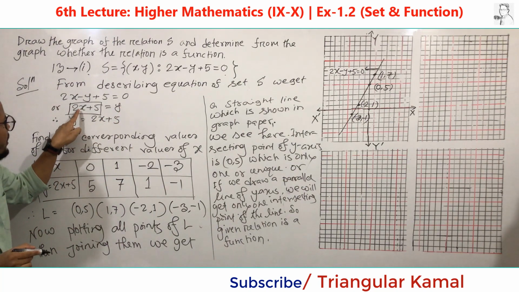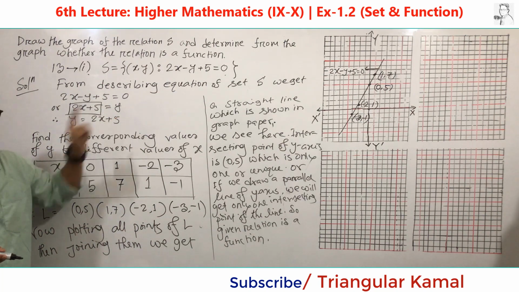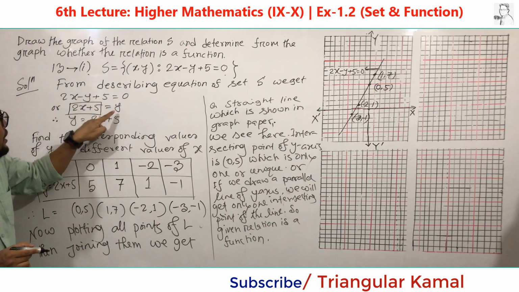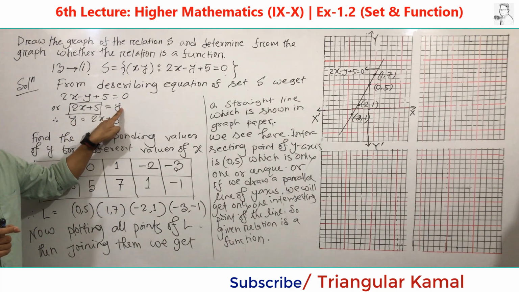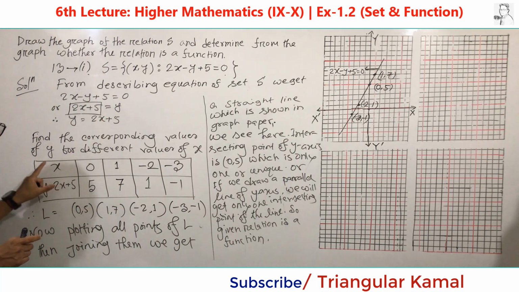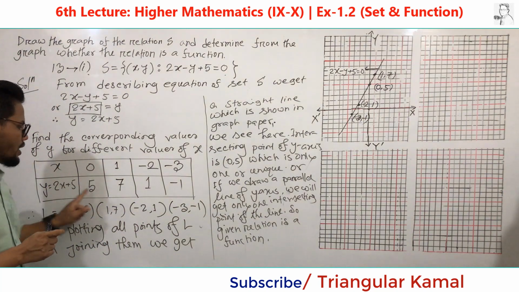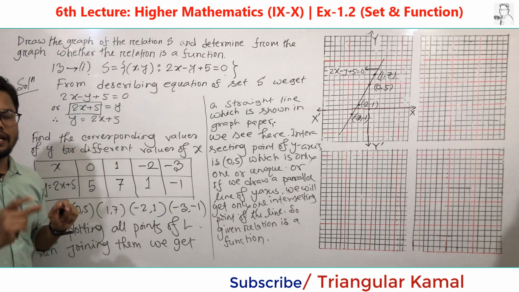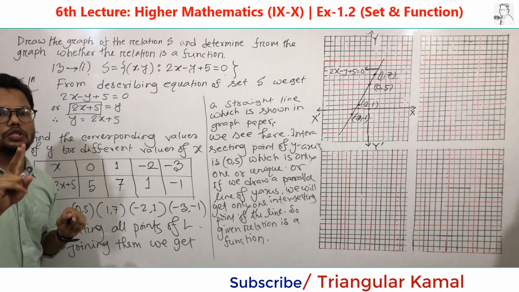If we place different values of x here, we will get different values of y. Considering x as independent, we find the value of y, which is dependent on x. We said at least you have to take 2 points.